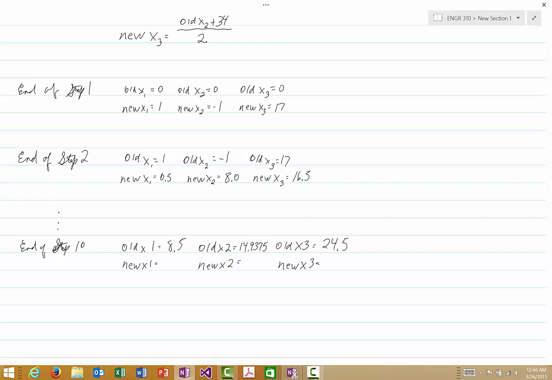And the new values will be 8.46, 8.75, 15.5, and 24.46875.